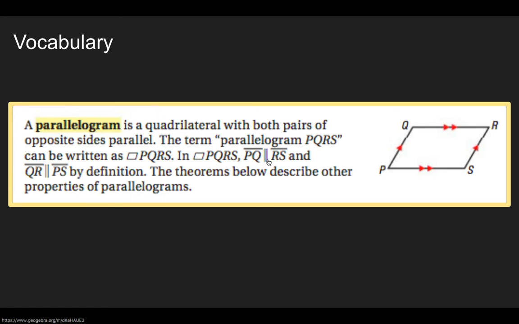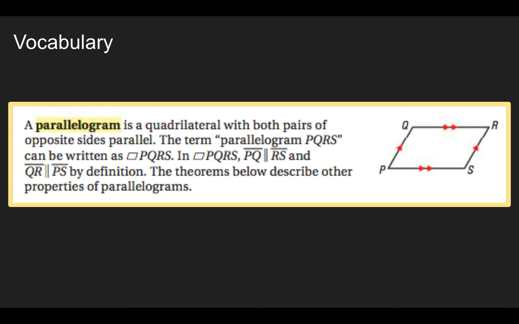The double bars mean parallel. And QR is parallel to PS. Notice there are two triangles on each of these sides, representing that QR and PS are in a different direction than QP and RS.